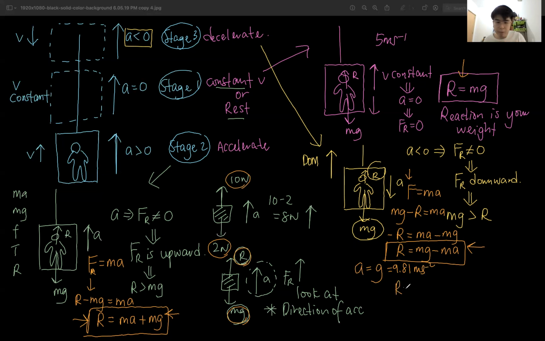So R equals mg minus mg. Here, mg minus mg, what is your R? 0. So when you're falling, your reaction is 0.